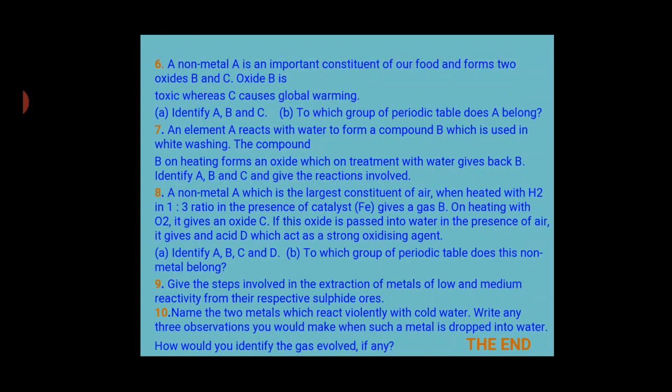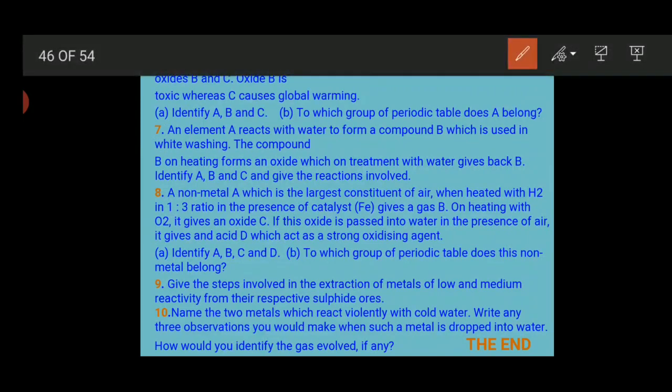What are they? Identify A, B and C. Read the question very carefully. To which group does it belong? From the board exam point of view, this question is very important.